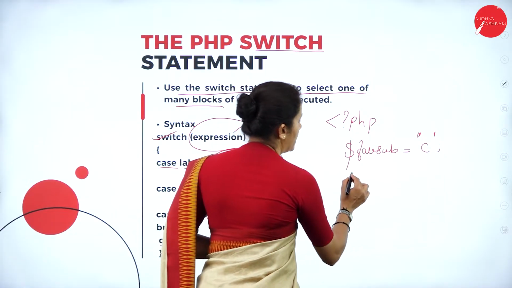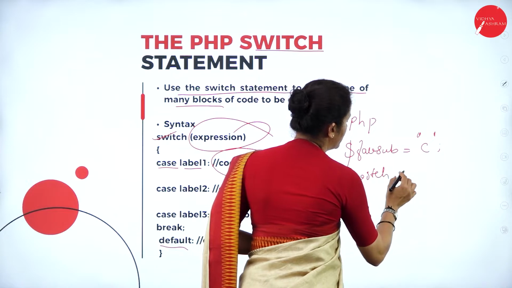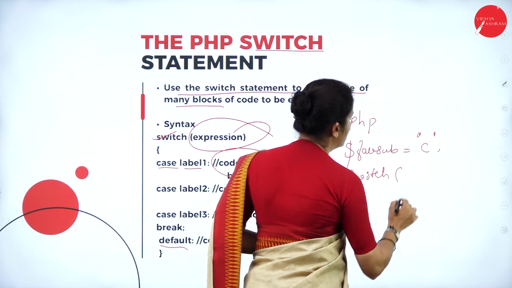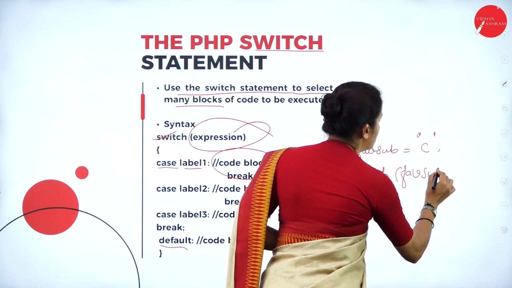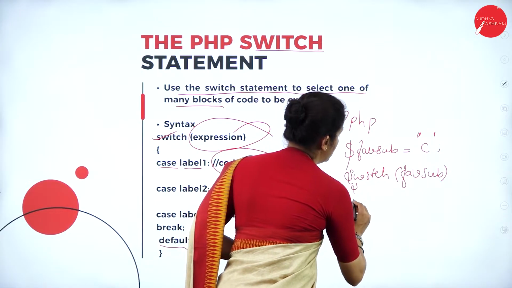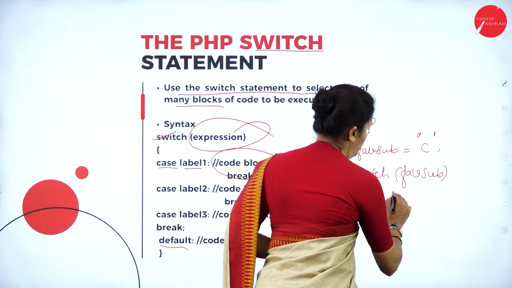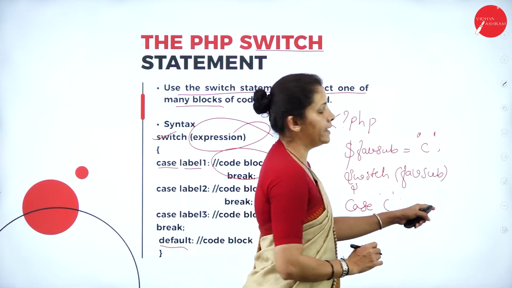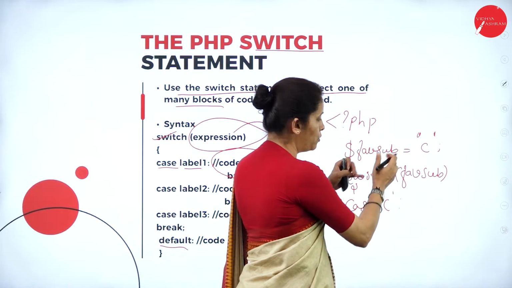Then I'll write switch, so what's my favorite subject? Favorite sub. Then I'll start with case C. Then suppose my input is C program.